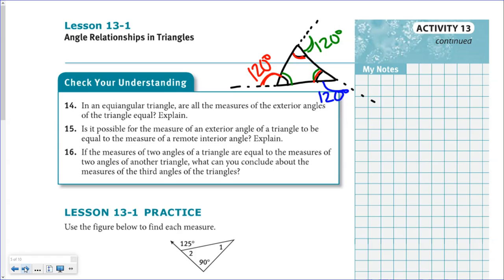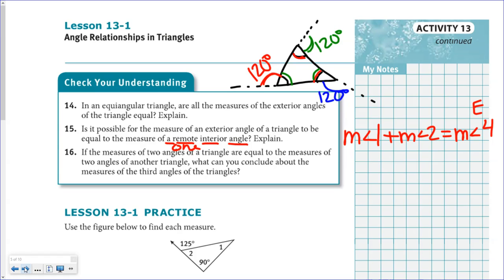For number 15, is it possible for the measure of an exterior angle to be equal to the measure of a remote interior angle? What is important is that they mean one remote interior angle. So if I make up some random triangle, the measure of angle 1 plus the measure of angle 2 equals the measure of angle 4, the exterior angle.